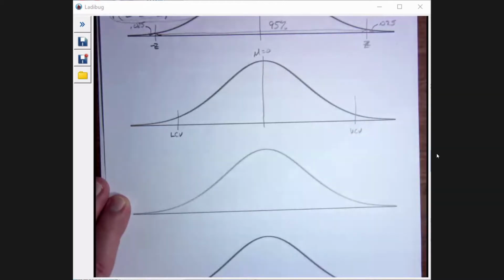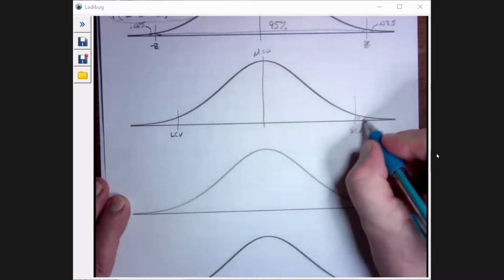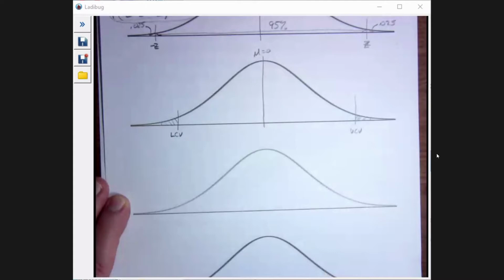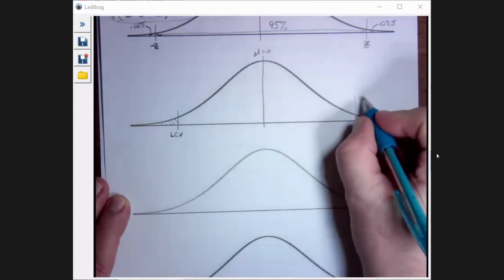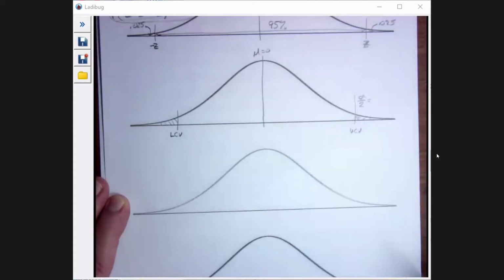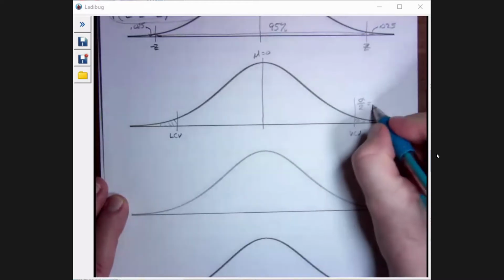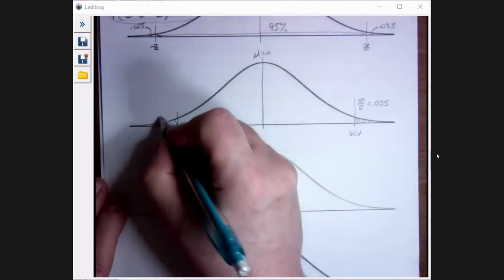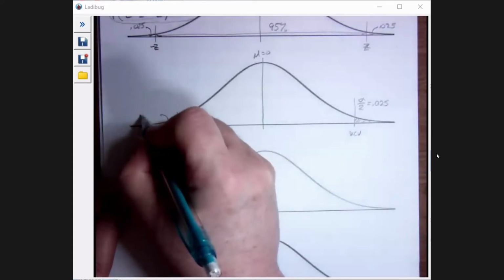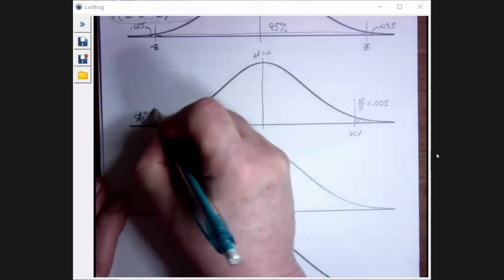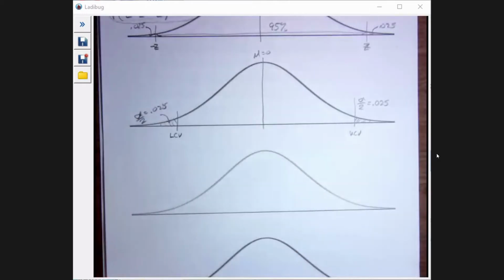Both have how much area in the tail? Alpha over 2. What's our alpha? Alpha is 0.05. Alpha over 2 is 0.025. So each tail has 0.025.